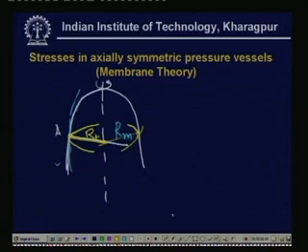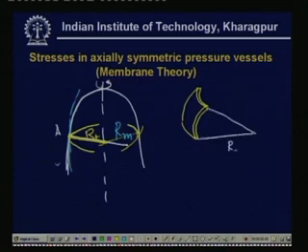If you consider a very small portion which has, of course, thickness T, let us say, so this is the thickness. Here we have two radii, one is this meridional radius R m and another is R t.